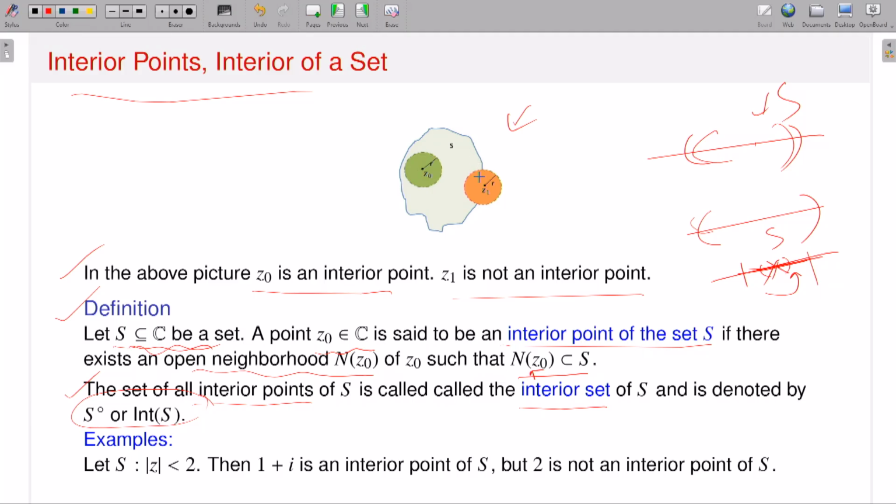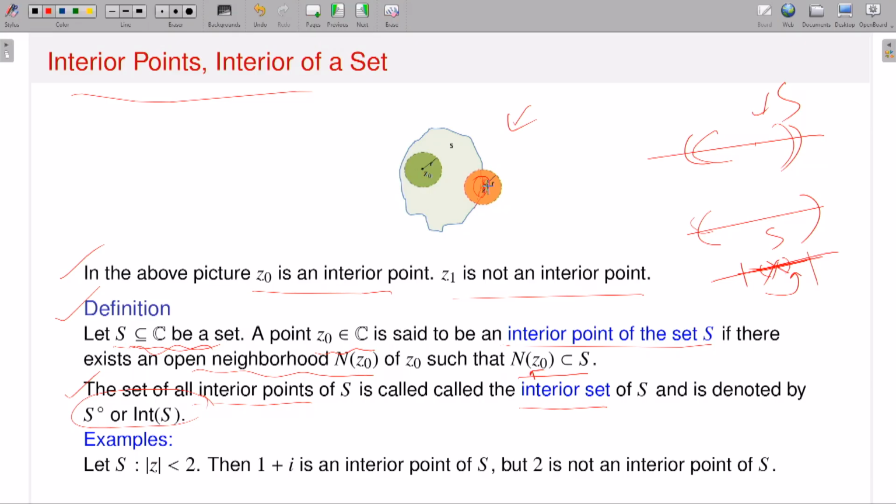But take a point here, suppose this is my point z1. It is not an interior point. Why? Because whatever open ball or open disc I consider with center z1 and some positive radius, it is of this kind of form, right? But now look, this portion will not be included fully in the set.